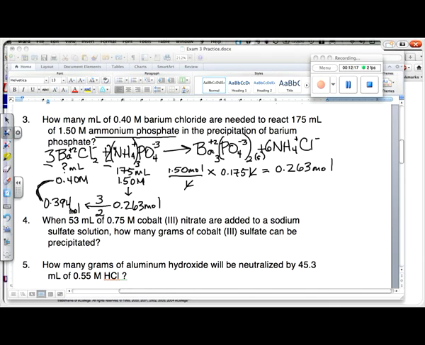So rewrite the big M, but since I want volume, I'm going to flip it over. 1 liter has 0.4 moles. I just got the number of moles, so 0.394, and then switch it into milliliters. Everything cancels.